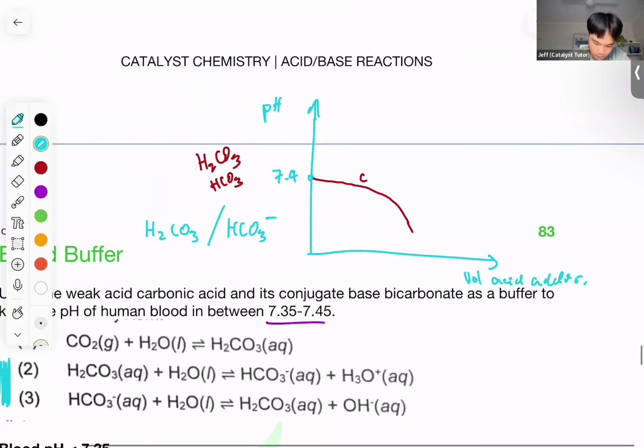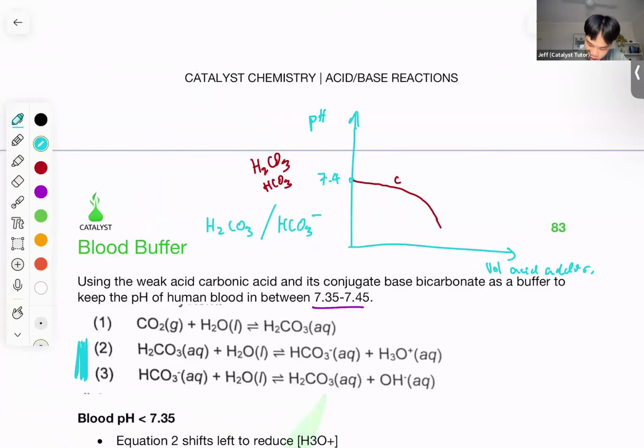What's going to happen is as you add acid, let's say you're adding in HCl, the HCl is going to interact with either of these equations. So we can use the second equation, for example. If we add HCl, that will push up the concentration of hydronium. So that's the change. How will the system act to resist this change?